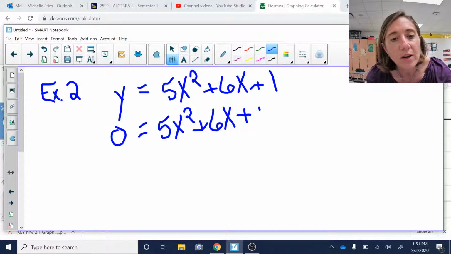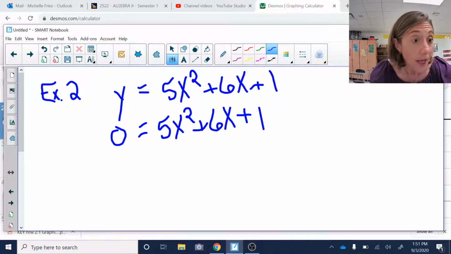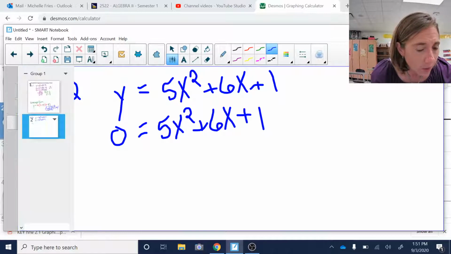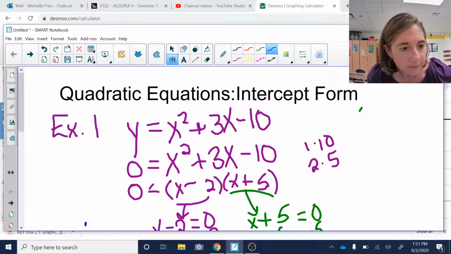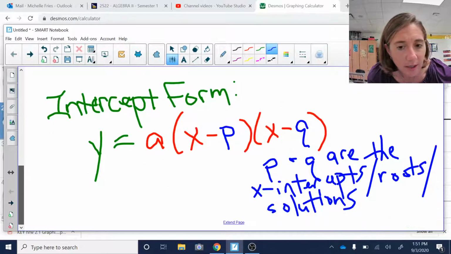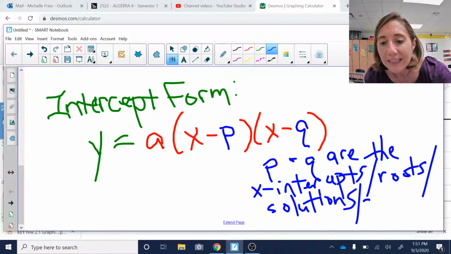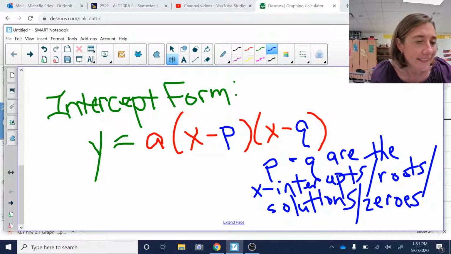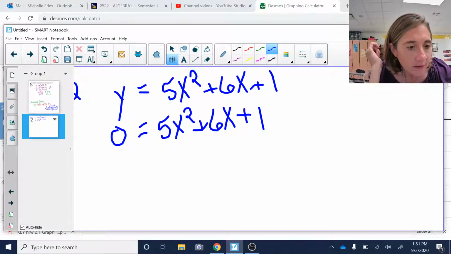Okay, so same trinomial. I'm having y equal 0. That's why I forgot to put that these are also called the zeros. Let me go back a slide. I am sorry. So let's see. Down here, I said x-intercepts, roots, solutions, also known as the zeros. I knew I was forgetting a word there. Sorry about that.